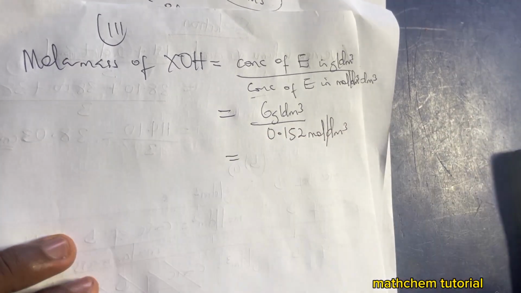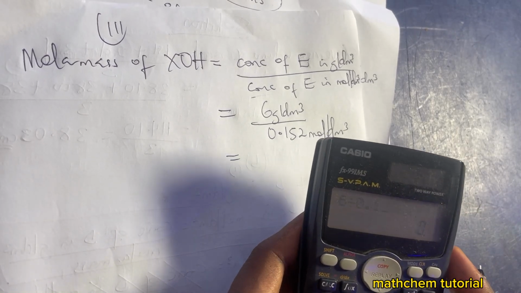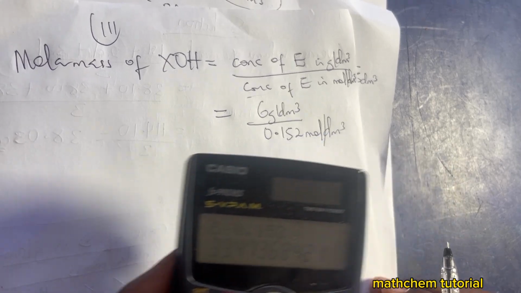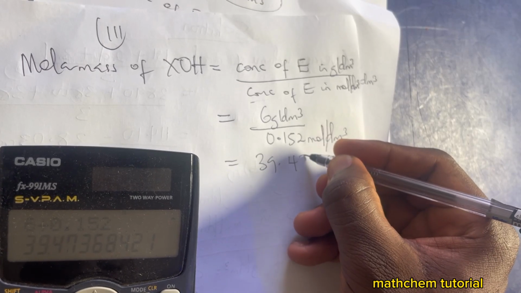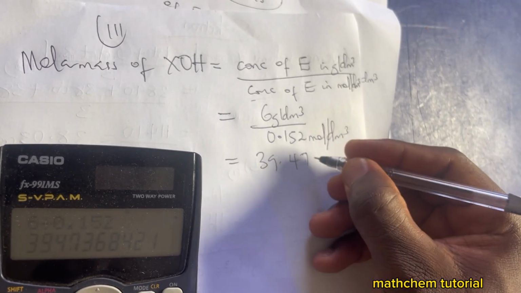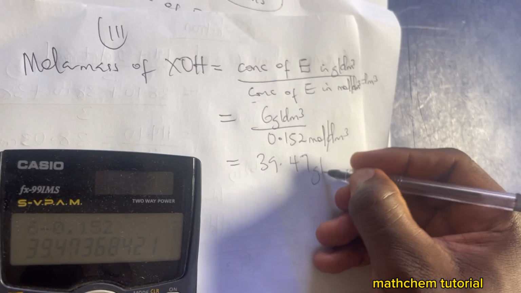So by the time you divide this, let me use the calculator here. That will be 6 divided by 0.152, and that will give me 39.47. The unit will now be gram per mole.